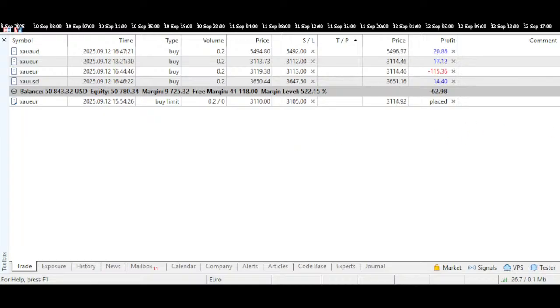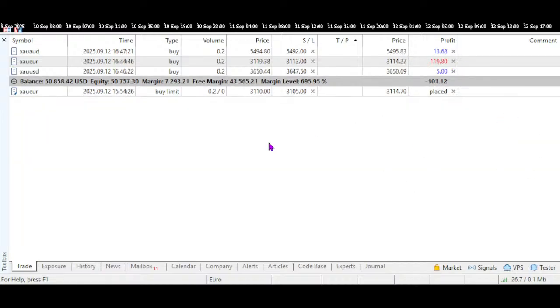Now I only have this gold US, just one position. The gold euro I have two, so maybe this one I'll also close at market. So I only have one, and I've reduced my risk.